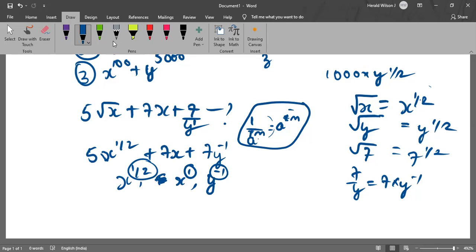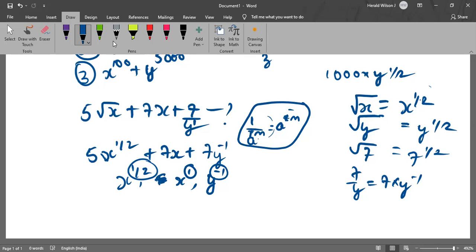Integers consist of negative, positive, and 0, but they don't include rational numbers. So half is not a positive integer; it is in the form of a rational number and it is not a whole number. Therefore, since the powers are not positive integral powers, we can say that it is not a polynomial.